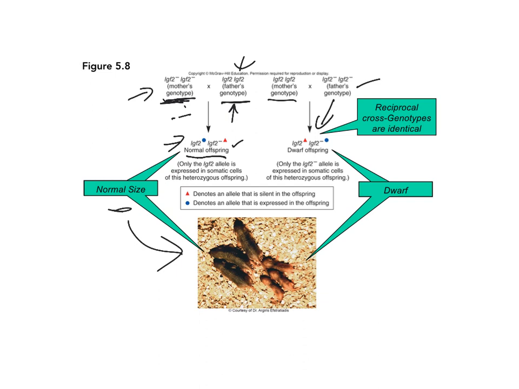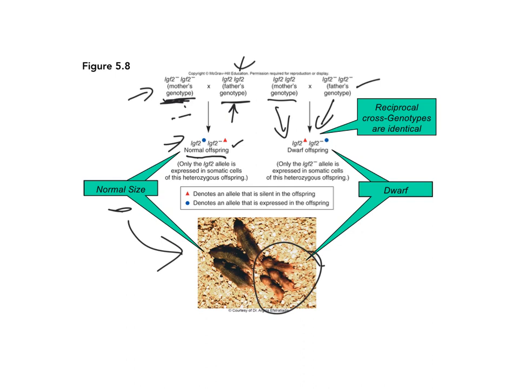So in this situation, because that's the mutant allele, which produces the mutant phenotype, all of the offspring are going to be dwarf, because the father's allele is the one that's expressed in the offspring, and in this case it happens to be non-functional, whereas the mother's allele, which is functional, is not being expressed.